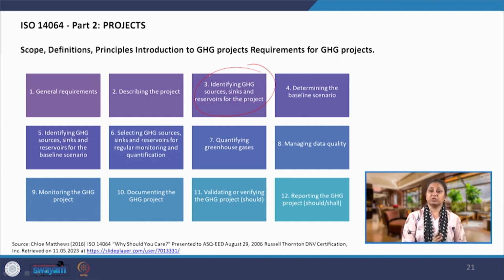Whenever a project is going to be undertaken, we are going to be assessing and monitoring it for a continuous period. So, every year or every few years there will be reporting, and what we have already identified as a baseline scenario and what we have already identified as a source or sink for the project will continue to be monitored for this entire duration.